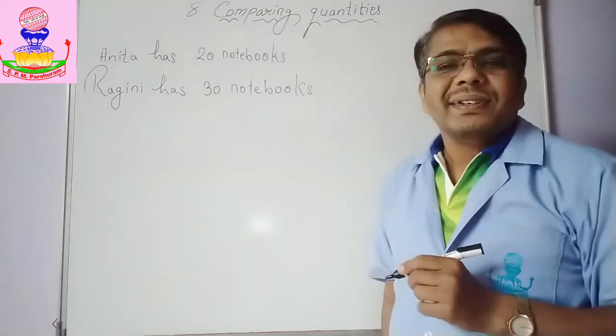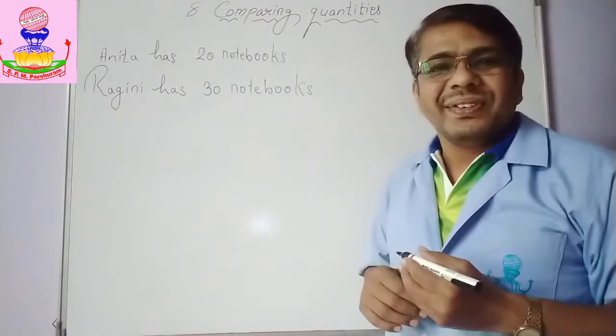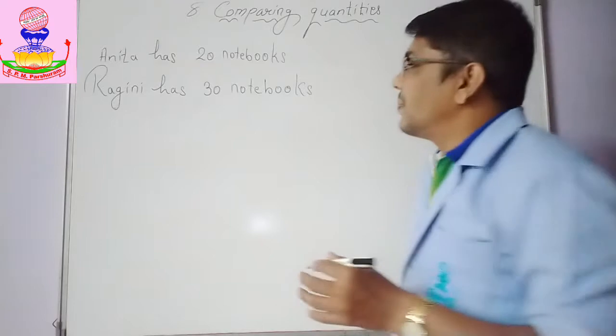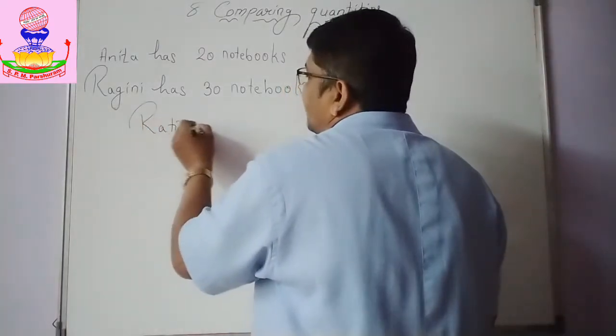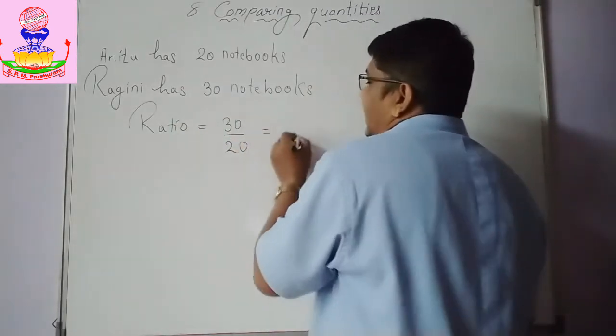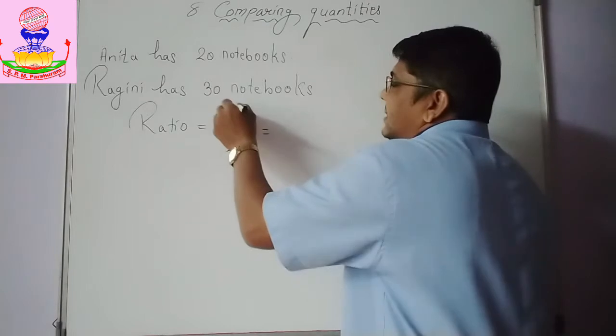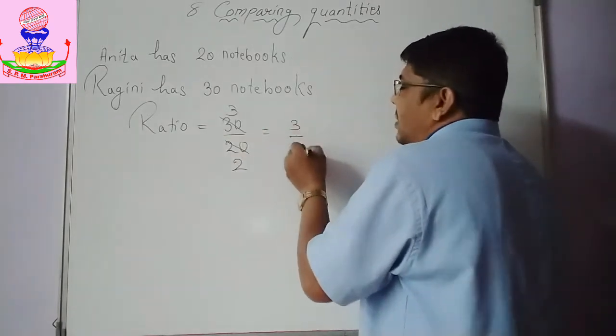Right? So who has more? Definitely Ragini. So how you can compare it? So ratio. How you can take the ratio? 30 upon 20. That is, 10 3s are 30, 10 2s are 20. So 3 upon 2.